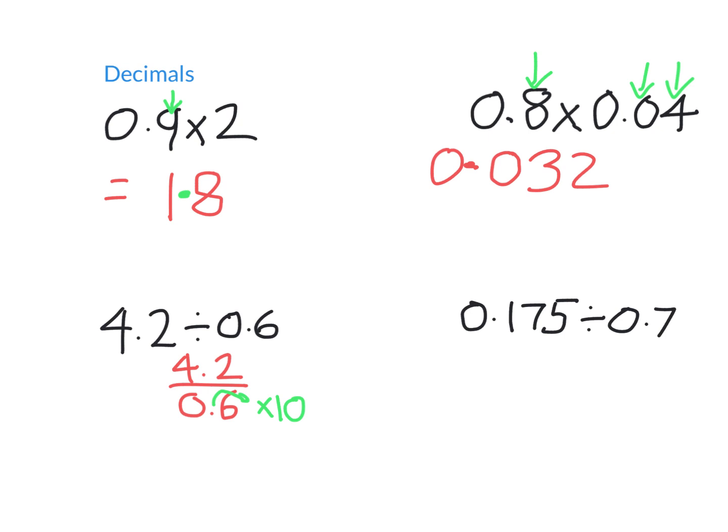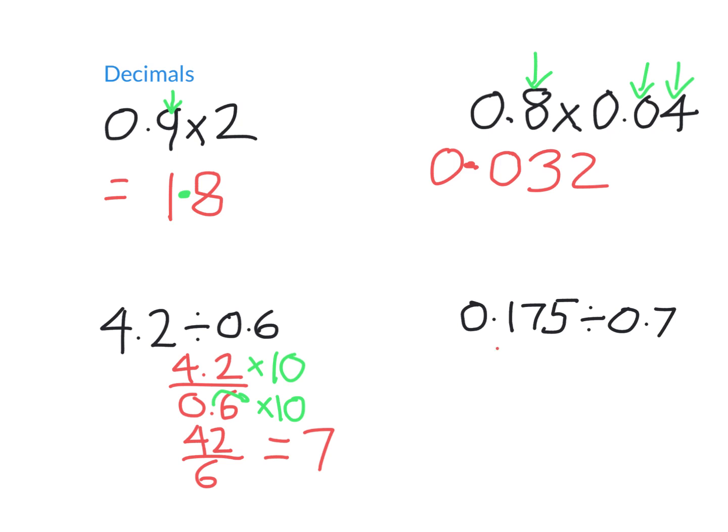I'm going to times the bottom by 10, and so I must times the top by 10. So if I do that, 4.2 times 10 is 42, 0.6 times 10 is just 6. The answer is just 42 divided by 6, which you know is 7. That's my final answer.